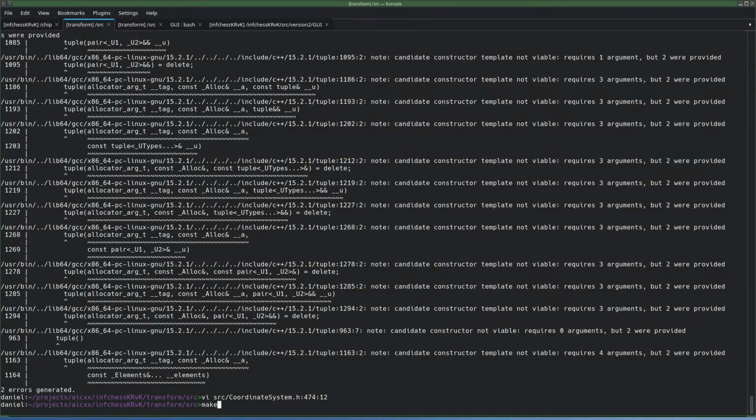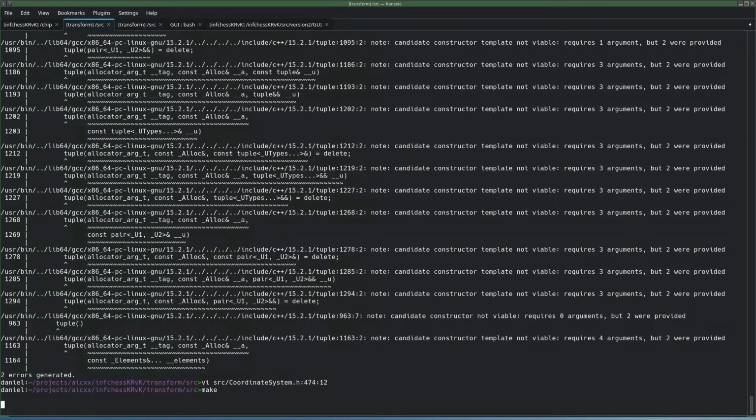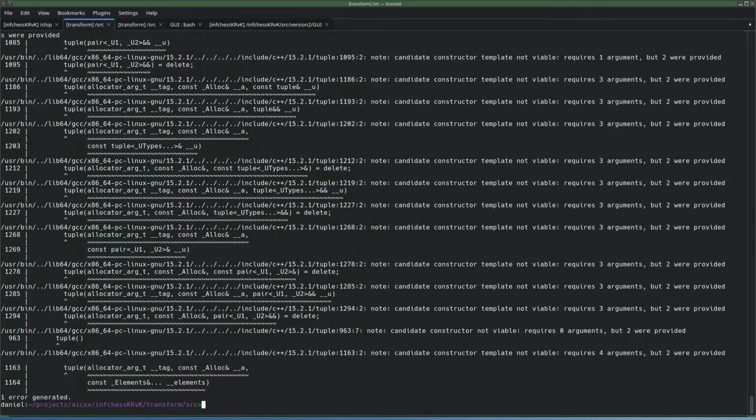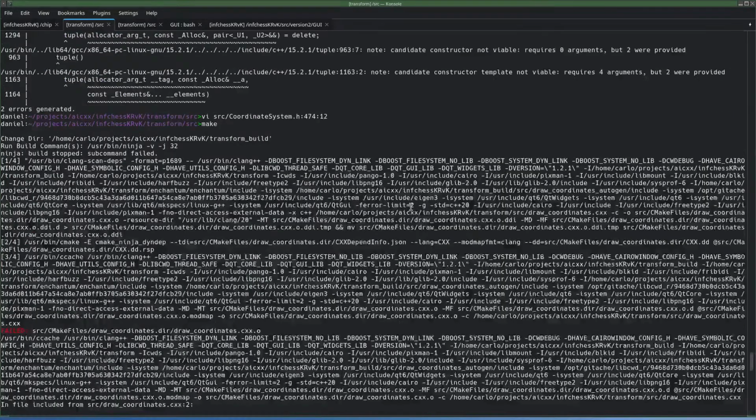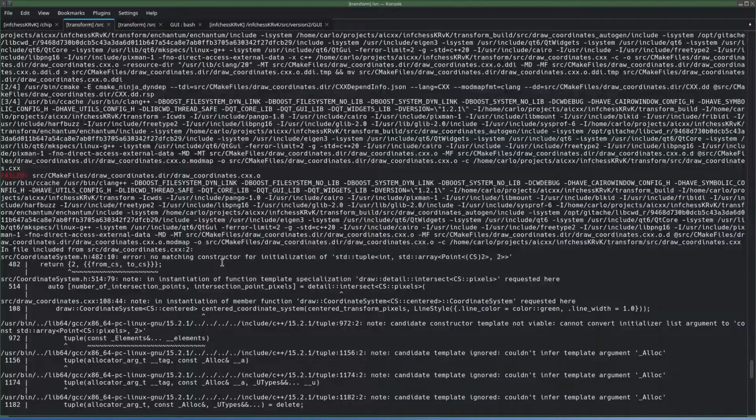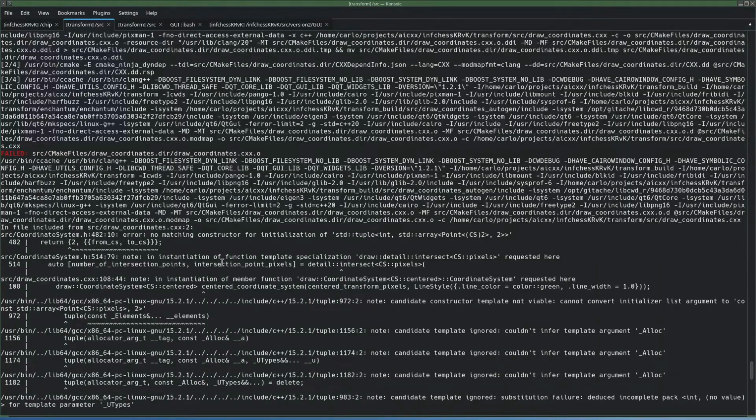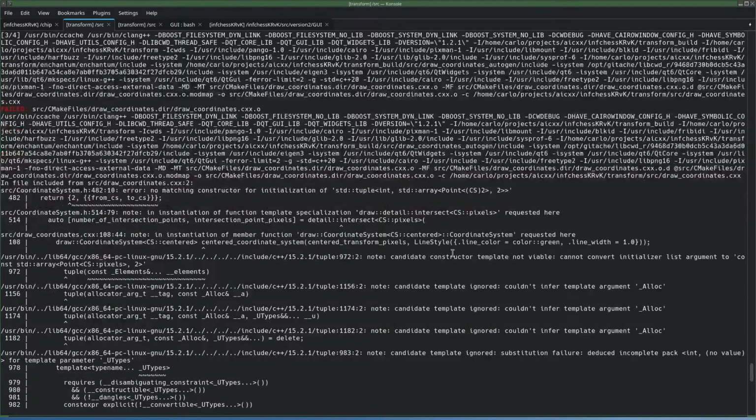Let's try Kotaro's attempt. No, Kotaro is not right. Still the same error. No matching constructor for initialization, function template specialization, in instantiation of member function, blah blah blah.